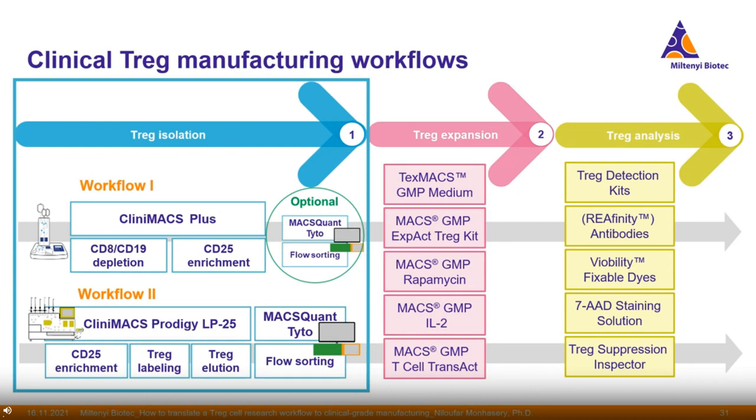Then the cells pass to the MACSQuant Tyto Cell Sorter for reaching very high purity cells. I would like to give you more info about this part, as I know this step is really challenging for lots of you, and you're very interested to know more about it.